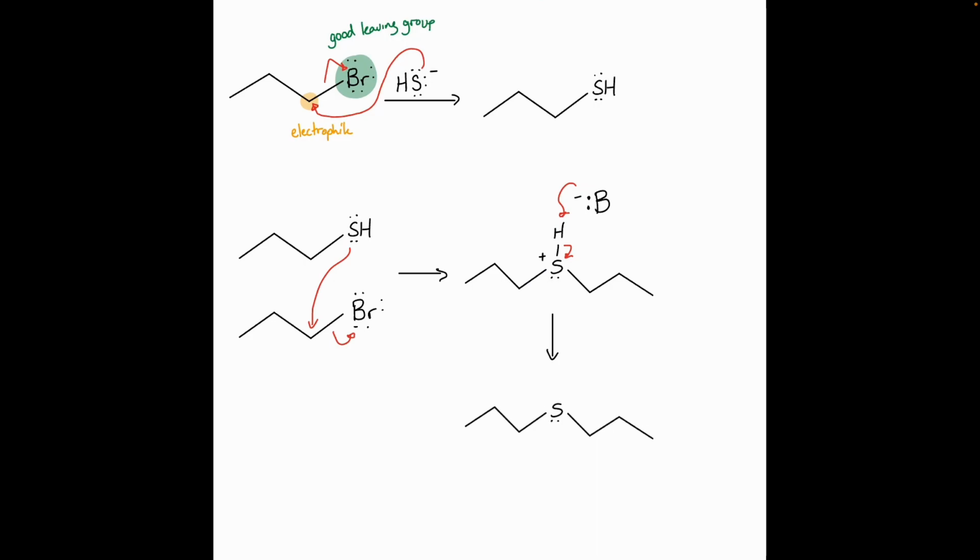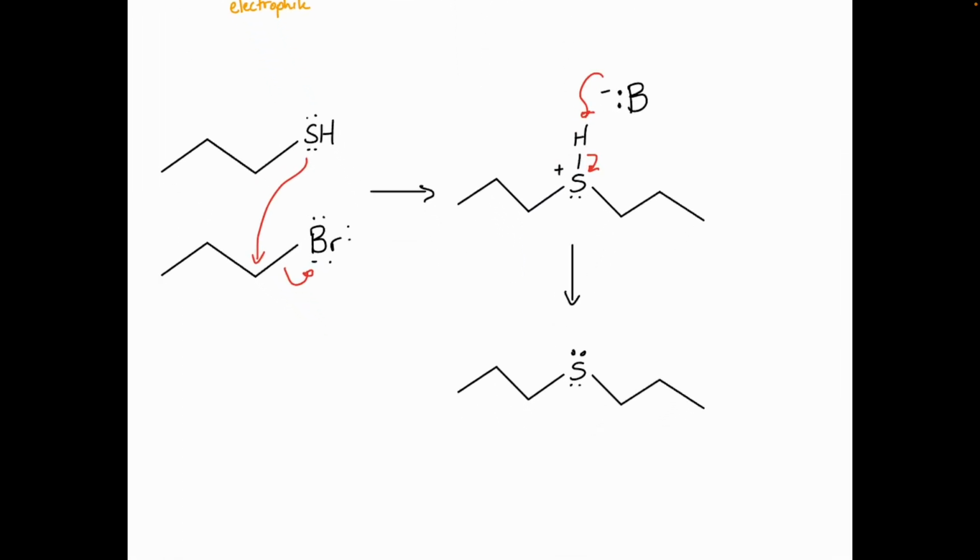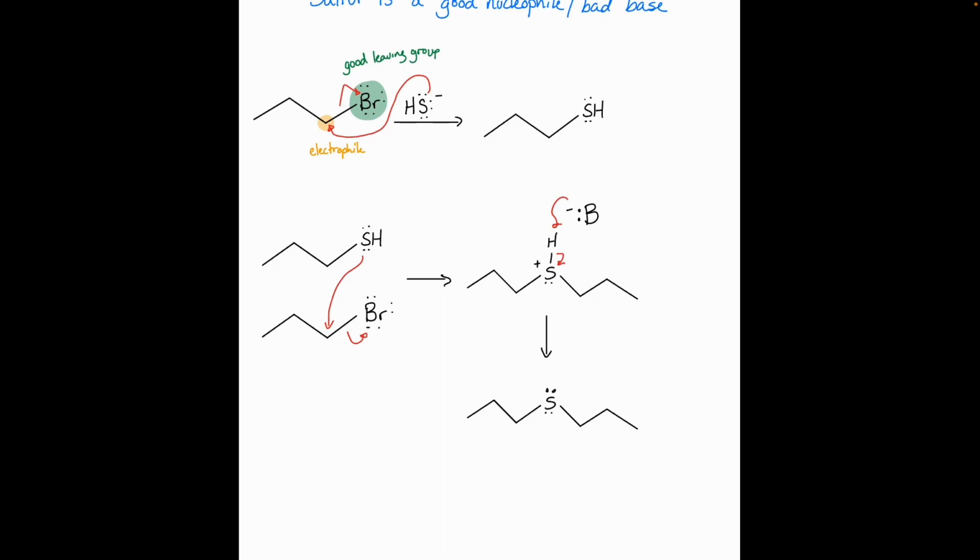All right, so we do know that sulfur is a great nucleophile, but it's almost too good of a nucleophile because it'll just keep on reacting and reacting. So this method here would be a great way of producing a sulfide, not a thiol. Or again, you probably get a mixture of the two, and then you've got to sit there and separate them out.